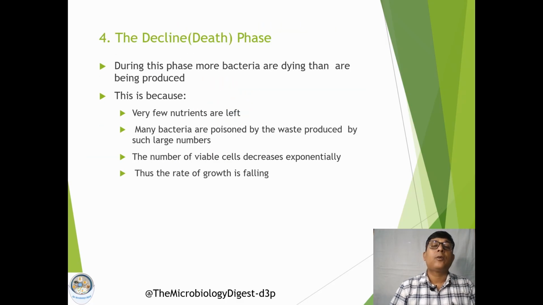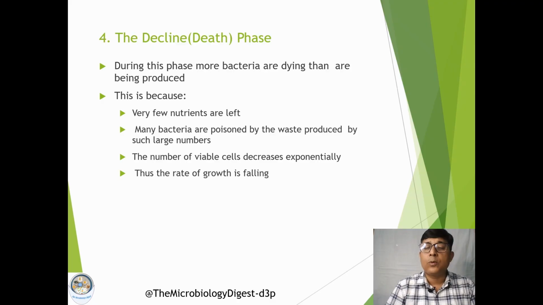And the final phase of the bacterial growth curve is the phase of decline. The decline phase, as the name says, is the phase of death. So in this phase, the bacteria start dying, and the number of dying bacteria is more than the number of cells produced.